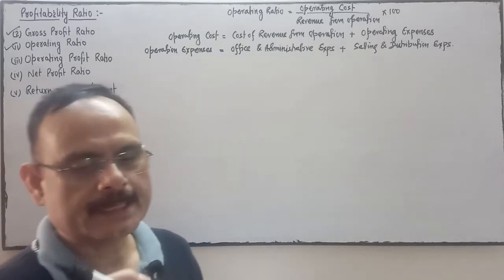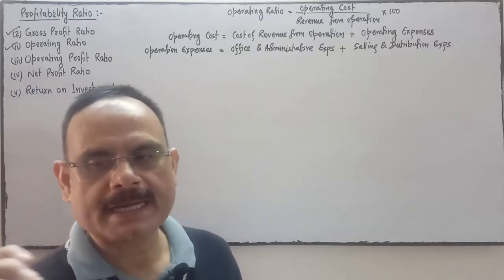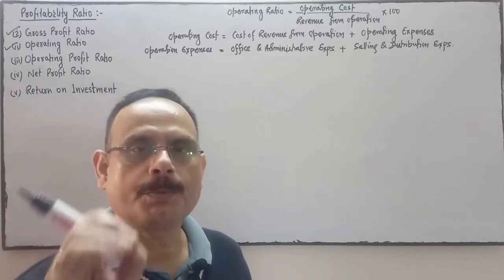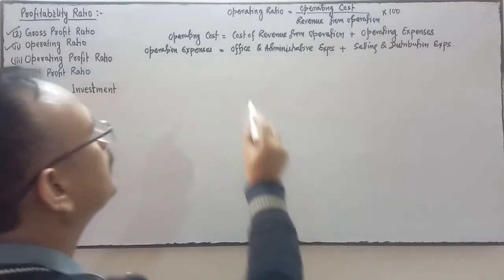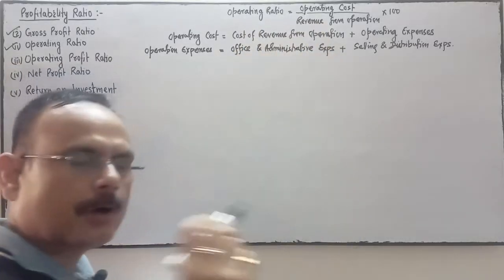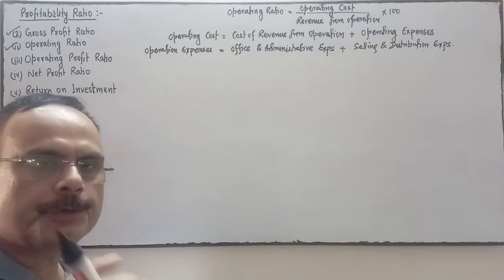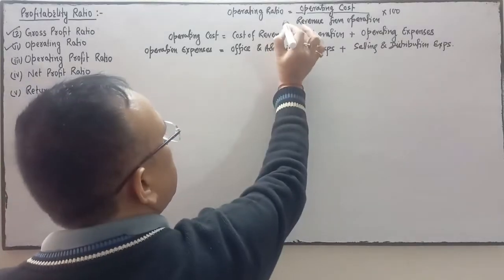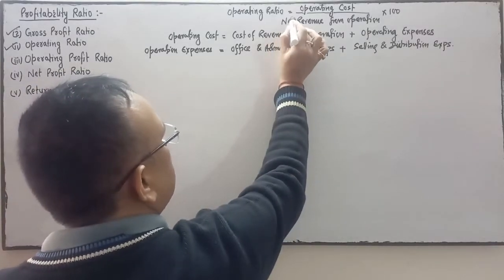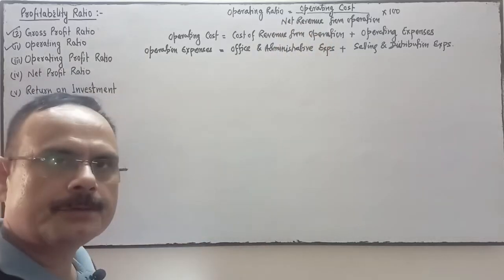You can say cost of goods sold plus operating expenses is known as operating cost. So formula will be operating ratio, operating cost upon net revenue from operation into 100.